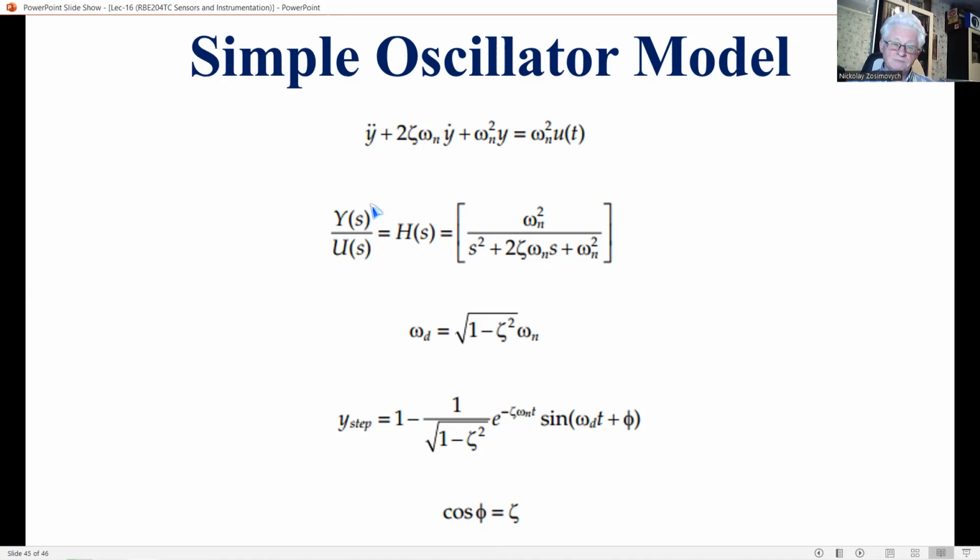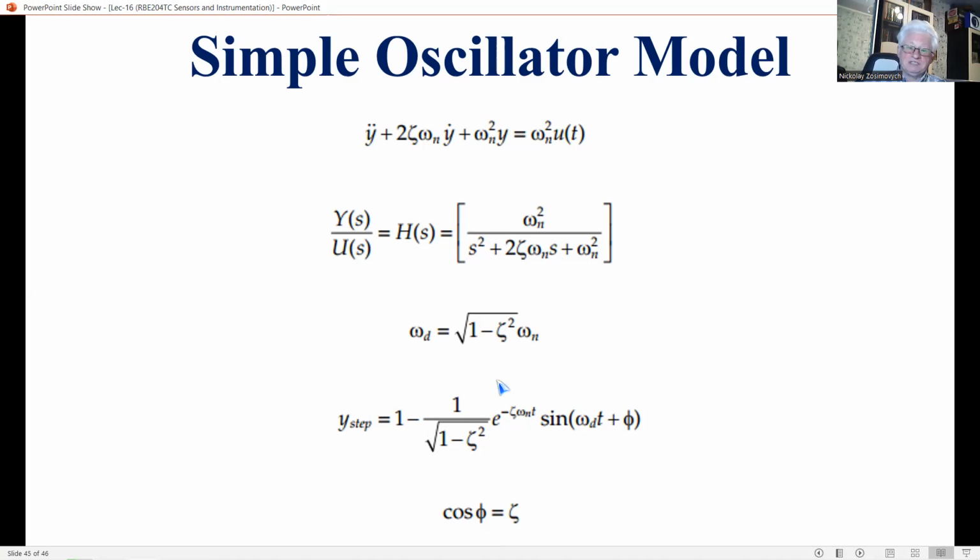But we should notice that we have normalized the model by making the static gain equal to 1. However, we can simply add a gain k to the numerator in this equation, if necessary. The damped natural frequency is given by the equation for omega d. The actual or damped system executes free or natural oscillations at this frequency, instead of the undamped natural frequency omega n.